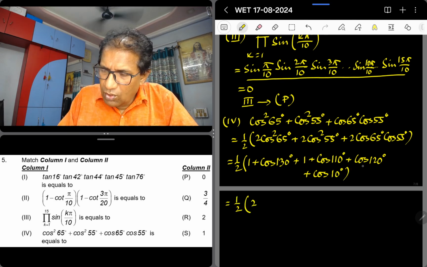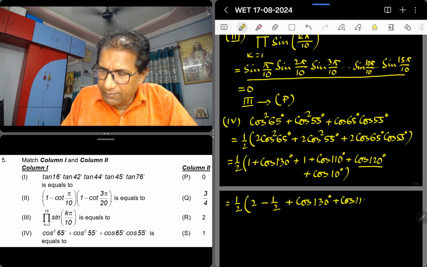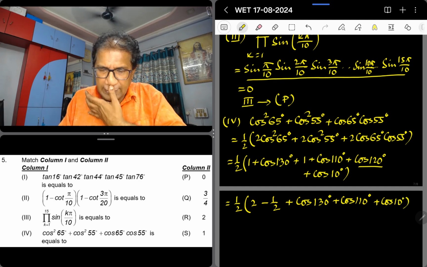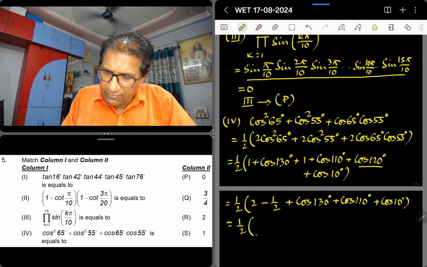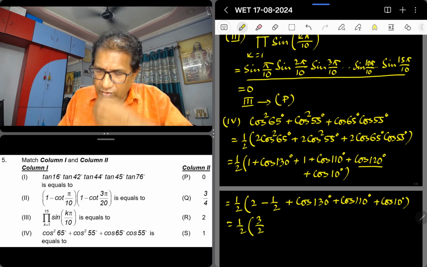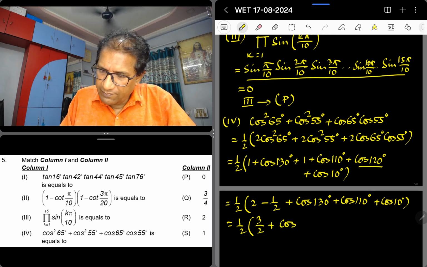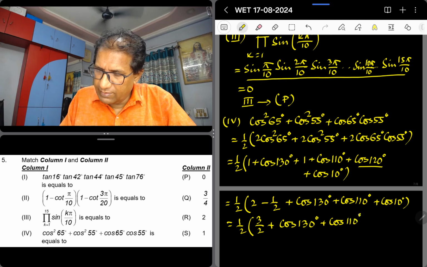So this is 2 cos 120 degrees minus half. And we are left with cos 130, cos 110 and cos 10 degrees. So this thing will give us half of 3 over 2 plus this part.